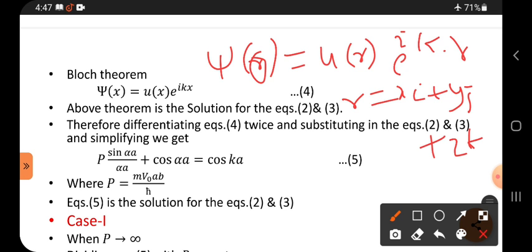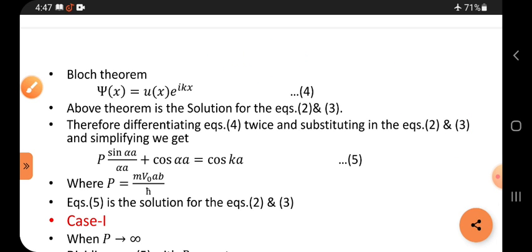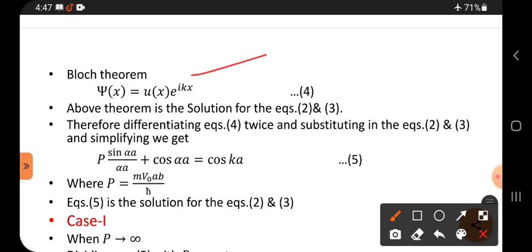But here, in one dimension, I have taken only the x component. That is the reason ikx is written. The above theorem is the solution for equations 2 and 3.